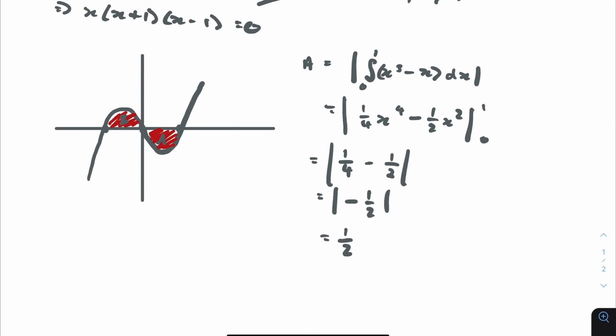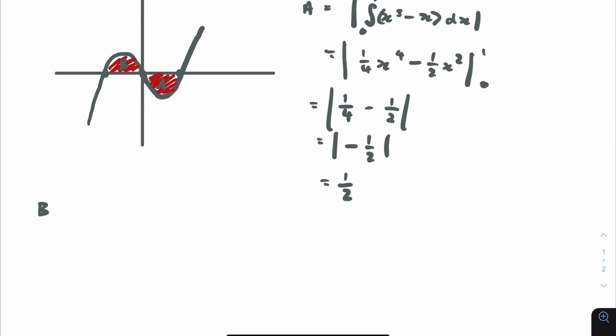Now we know basically that B is going to be half as well, but we should just do it to check. We can't just cut corners. So we wouldn't do the absolute value here because it's above the x-axis.